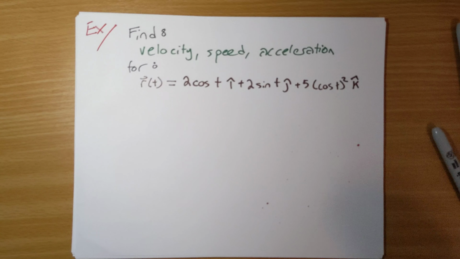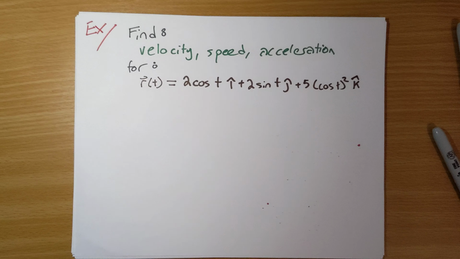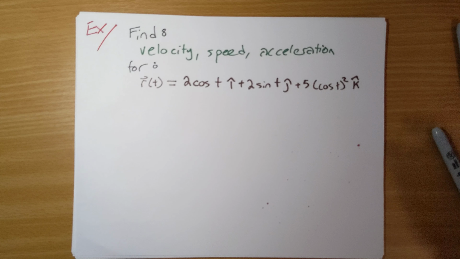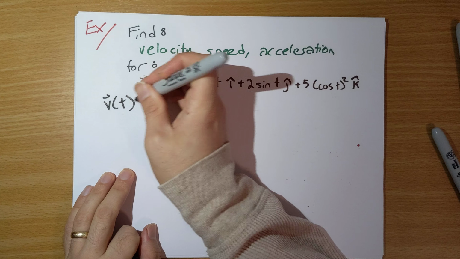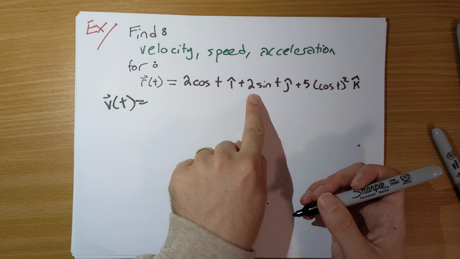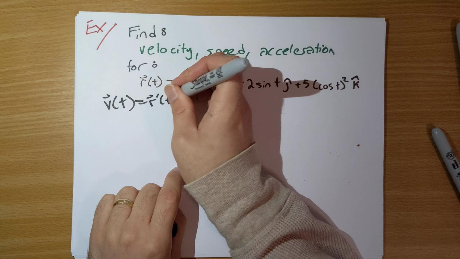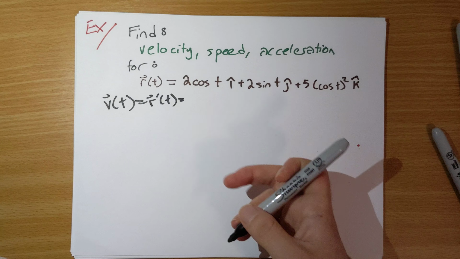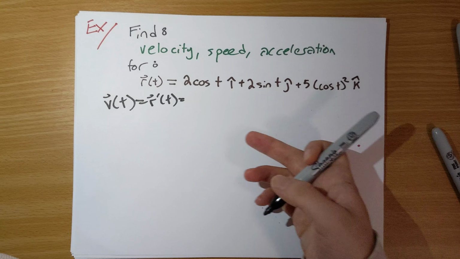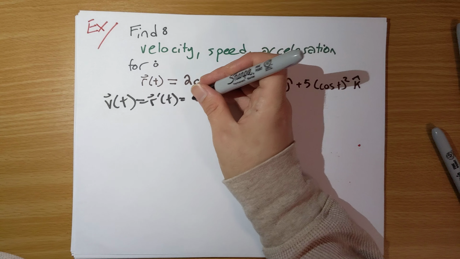Let's do a quick example with these. Find velocity, speed, acceleration for this particular r of t vector valued function here. So I gave r of t. For velocity, v of t, we just take the derivative here. v is r prime of t. So we're just going to take the derivative component by component.